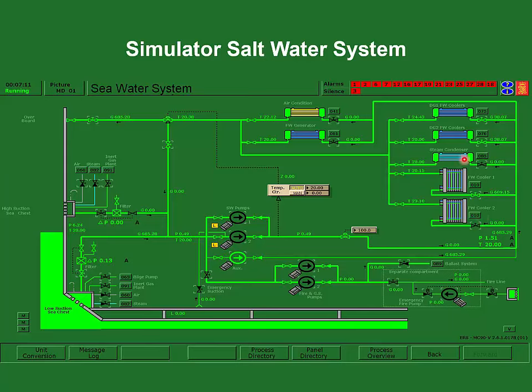Then you have a condenser, and this is showing it more like a standard heat exchanger, but this would be a steam condenser off of your steam turbine generator. And then these 2 are going to some coolers in the diesel generator room. And they're showing each generator has its own supply. This is for your evaporator. This is for your air conditioning. And then it goes over the side.